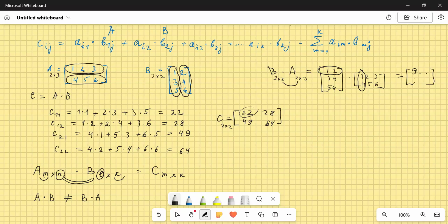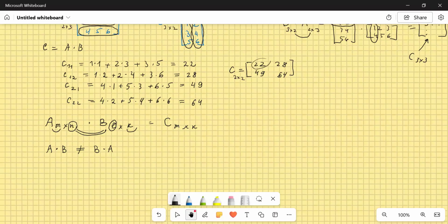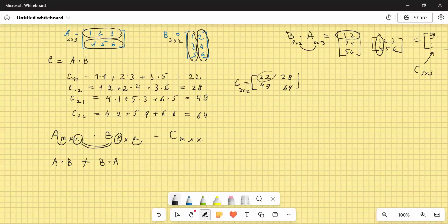So it's going to be a 3 by 3 matrix, totally different from the 2 by 2 matrix in the first case. So the product is in general not equal, can give you a totally different matrix, and sometimes does not even exist just because the dimensions of the matrices in a different order do not match. Okay.